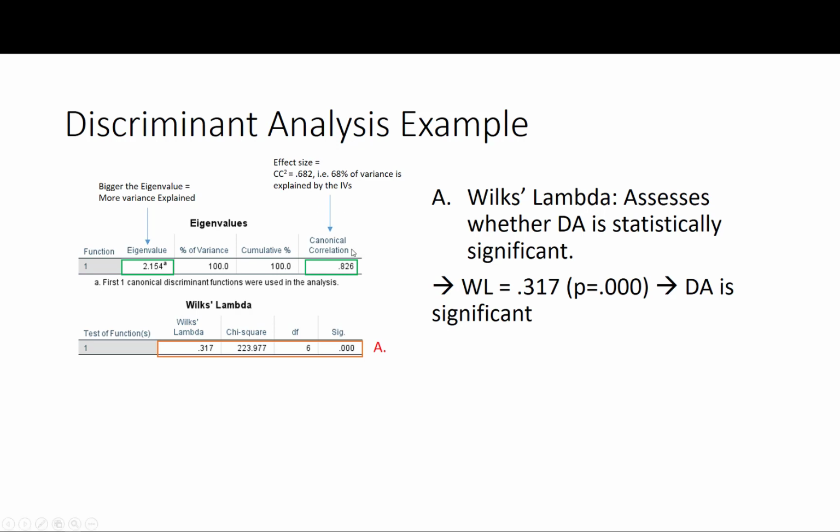And the canonical correlation is the effect size. So we square this, to then say 68% of variance in our dependent variable is explained by our 6 independent variables.